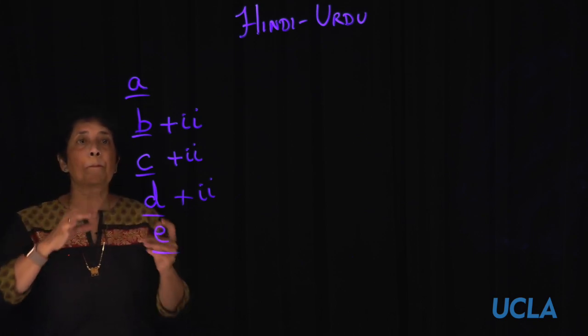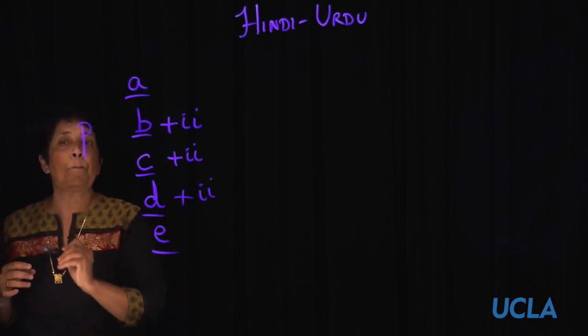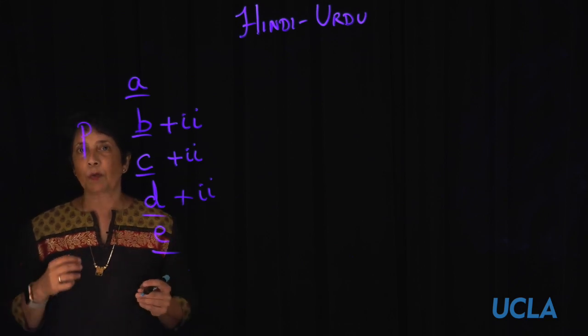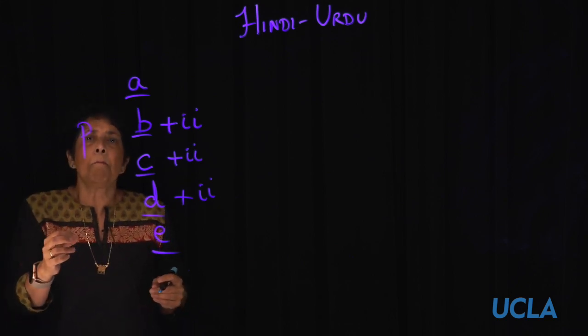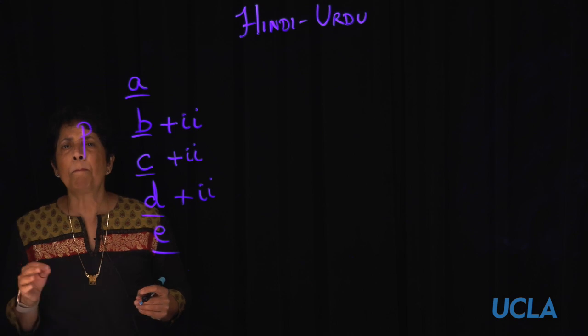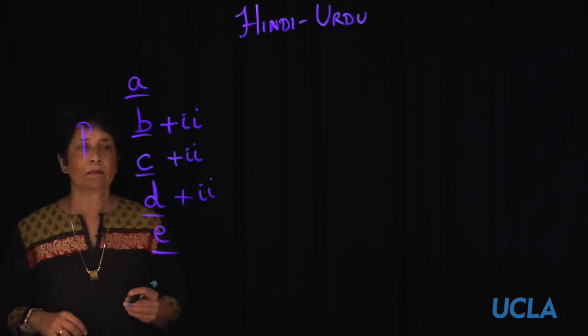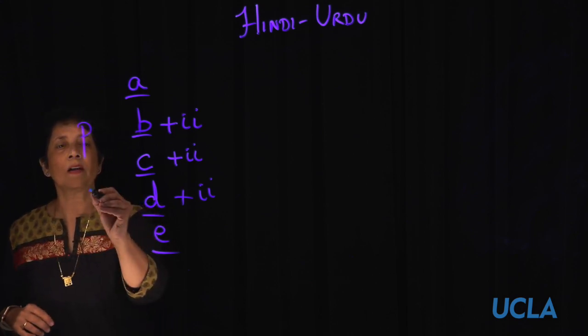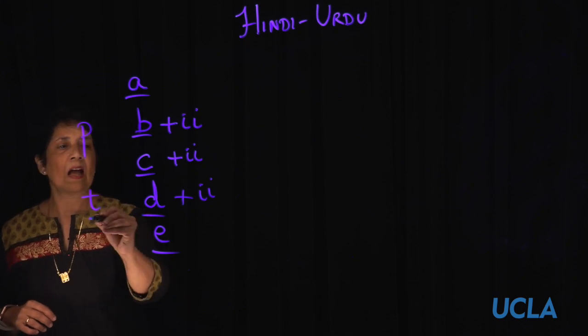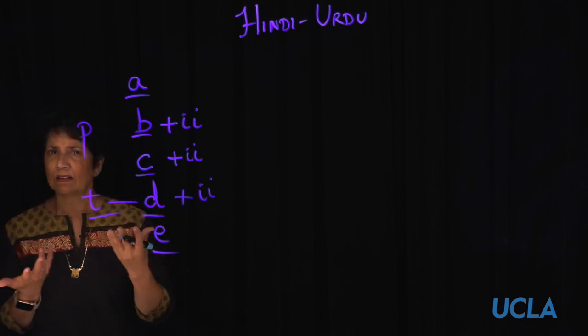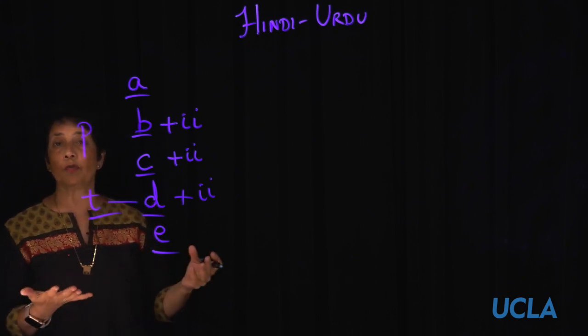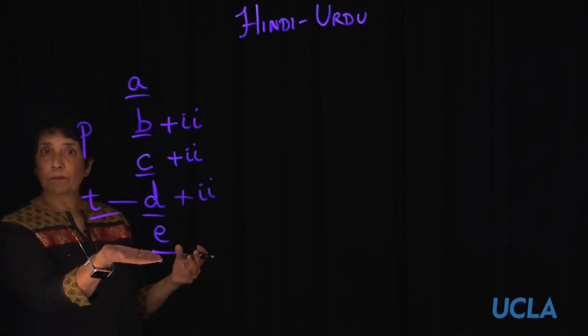Let's say P. What is the difference between P and B? P, B, right? Or T and D. What is the difference between these two sounds?